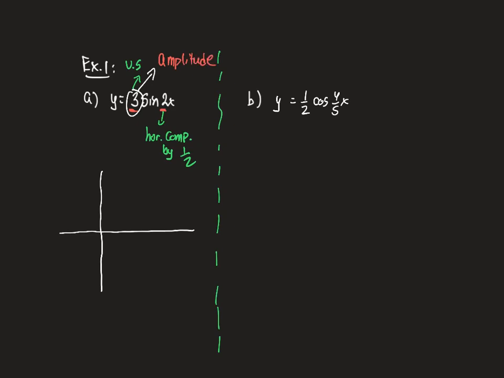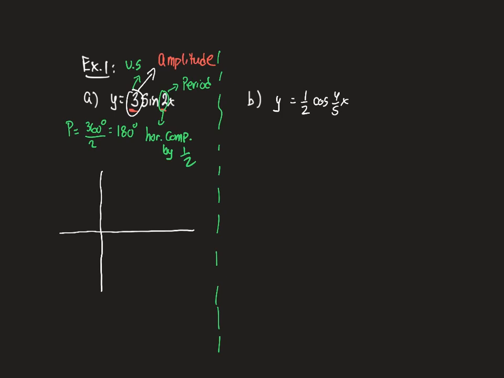And remember, the 2 is my period. All right, so if I want to figure out what the actual period is in terms of the degrees, remember that's where that formula comes in. P is equal to 360 divided by, well, there's 2 there, so 2. So that's 180 degrees.